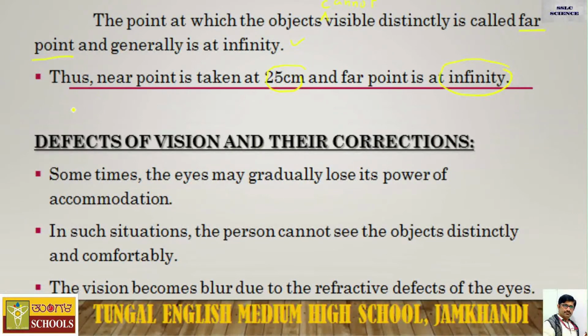Now I move into the next concept, that is, defects of vision and their corrections. Sometimes the eyes may gradually lose their power of accommodation as age progresses. What happens in such situations? A person cannot see objects distinctly and comfortably. The vision becomes blurred due to refractive defects of the eyes. As age progresses, the eyes generally start to lose the power of accommodation, and because of that we cannot see objects distinctly and comfortably.